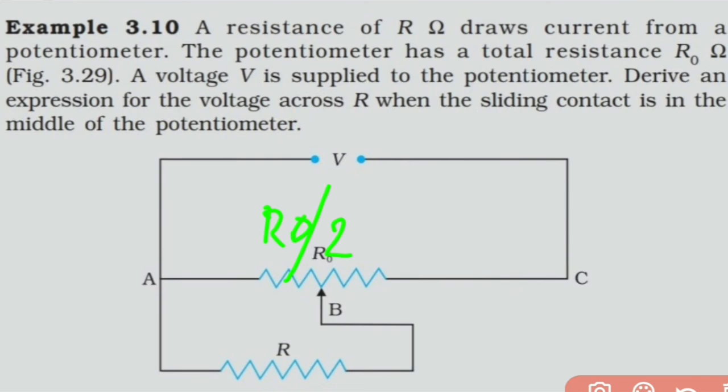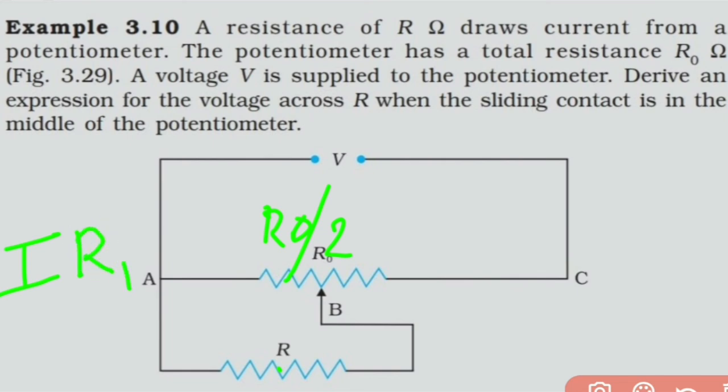What is the current passing through the potentiometer wire? That into the effective resistance of A and B. That means effective resistance between A and B will give you the potential difference across R. I repeat, suppose that current through potentiometer wire is I. Then that current into effective resistance between A and B. Effective resistance between A and B means the parallel combination of R0 by 2 and R. Let that resistance be R1.